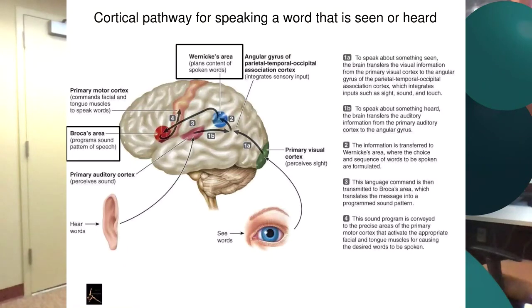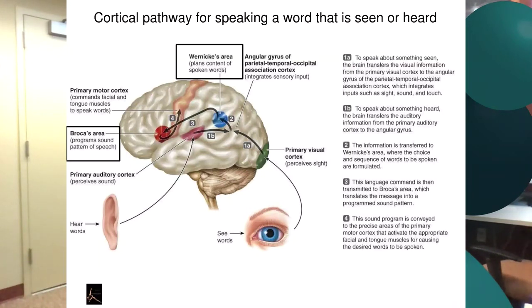Then that information gets transferred to Broca's area. It's like a language command that is transmitted to Broca's area, which translates this message into a programmed sound pattern.